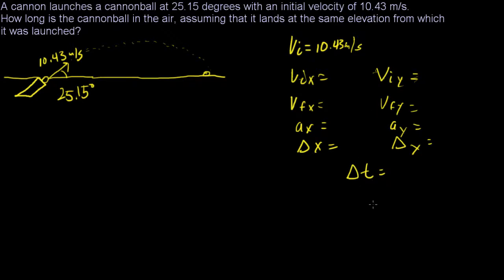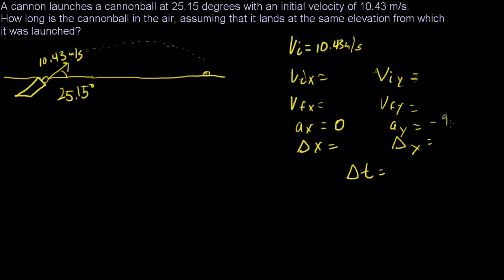Let's see which ones we know. Well, we assume the acceleration in the x direction is 0. We've talked about that, how we assume that the initial velocity and the final velocity in the x direction are going to be the same. This just makes things simpler, and we're ignoring air resistance, that sort of thing. So there's that. We know the acceleration in the y direction.